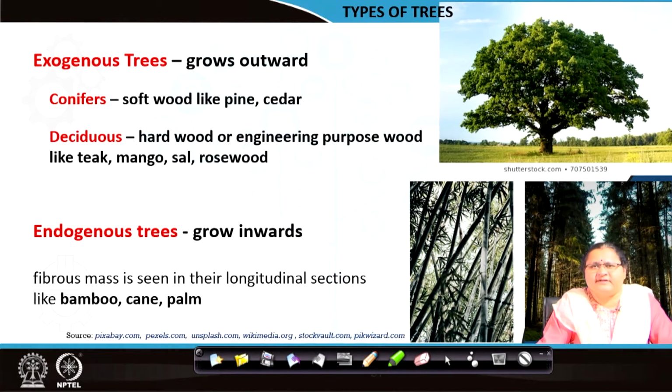So, are the conifers of no use? No. They can go for furniture and interior items. Coming to the endogenous trees, they grow inward. Fibrous mass is seen in their longitudinal section.